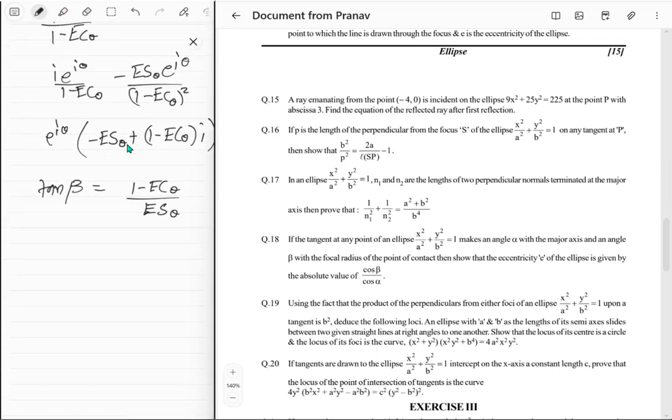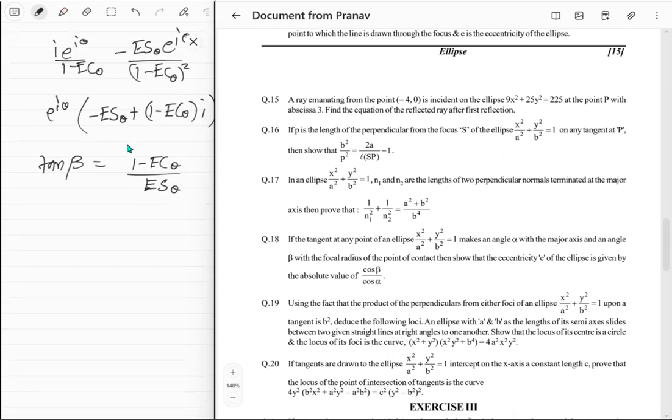Now let's see what this gives us. We should just right away put it as alpha plus beta, because we want to get it in terms of alpha and beta only.